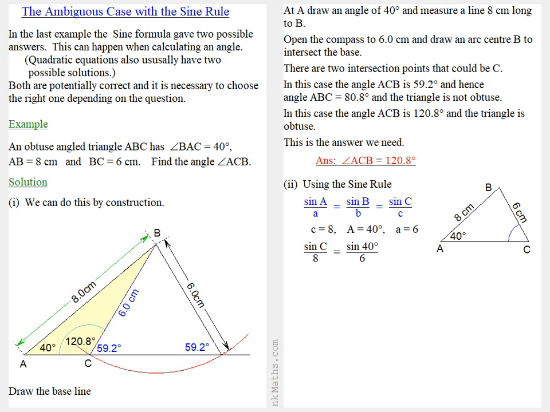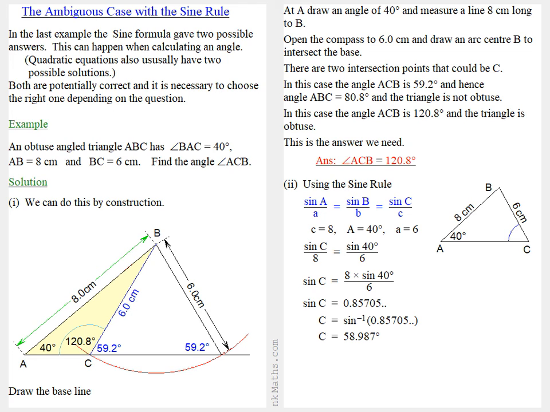If we multiply both sides by 8, we get sine C equals 8 times sine 40 all over 6, which means sine C is equal to 0.85705. And if we take the inverse sine, we get C equals the inverse sine of 0.85705.